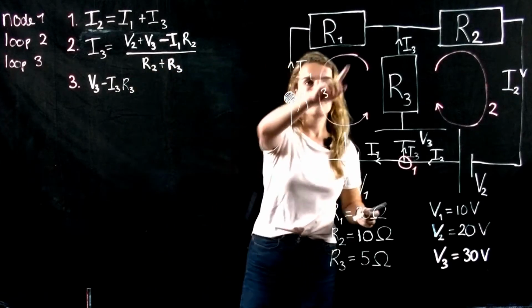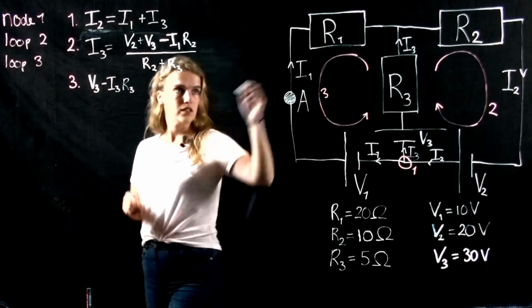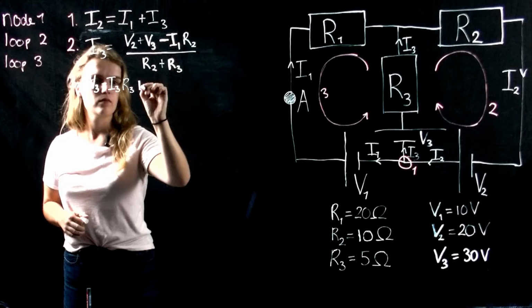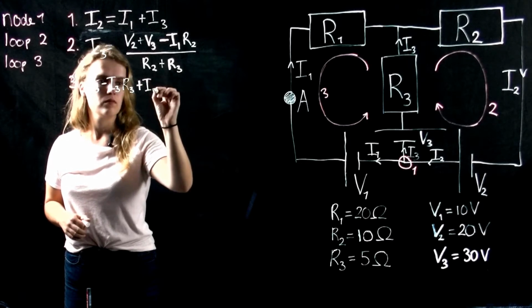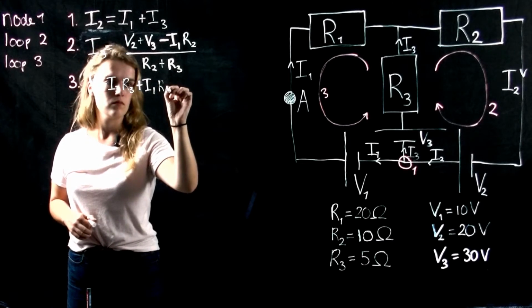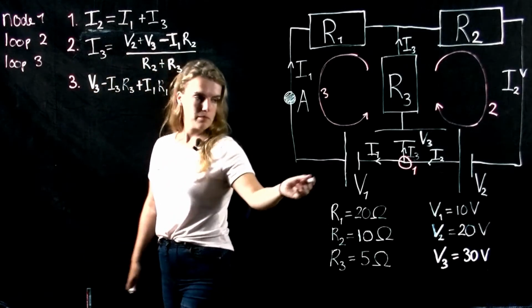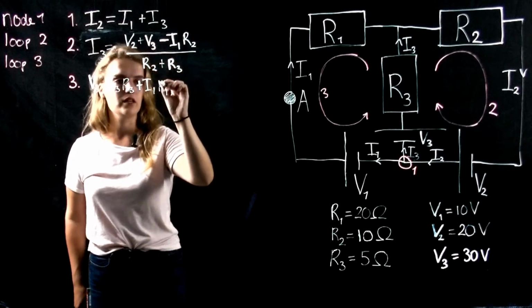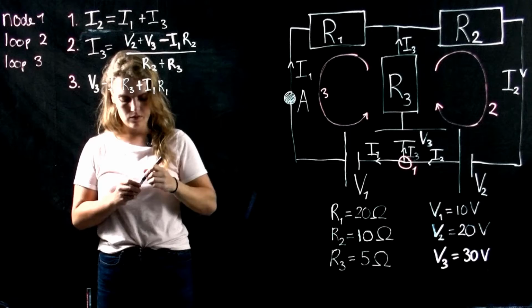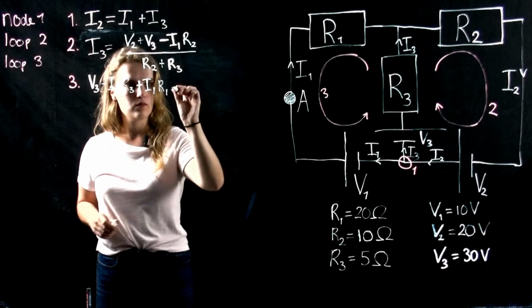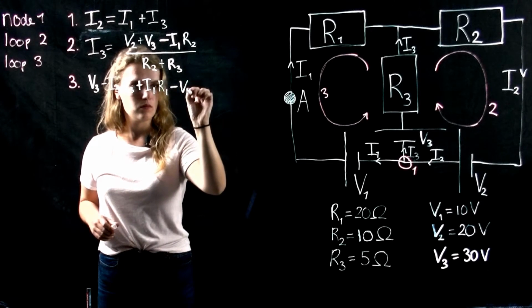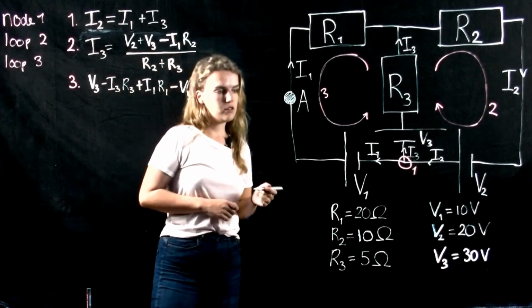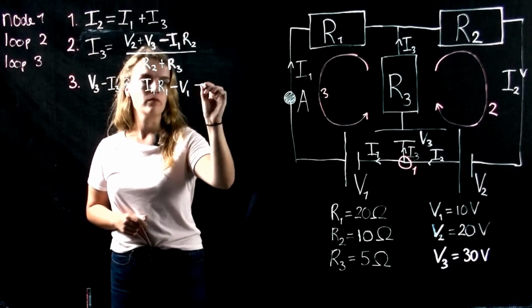And then we have plus I1 R1, since this is against the current. And then again minus V1, as this is also against the current. And this is also equal to 0.